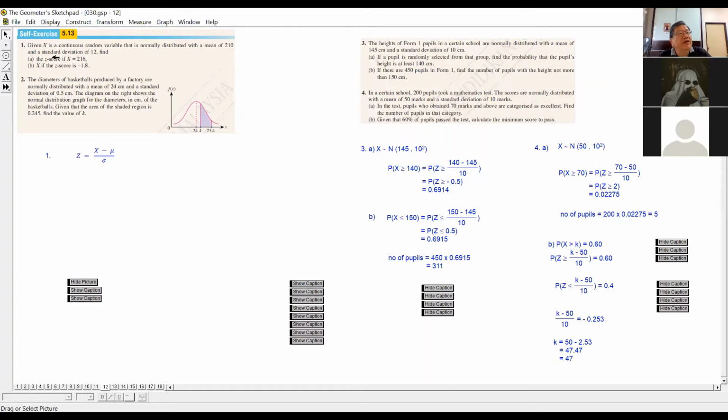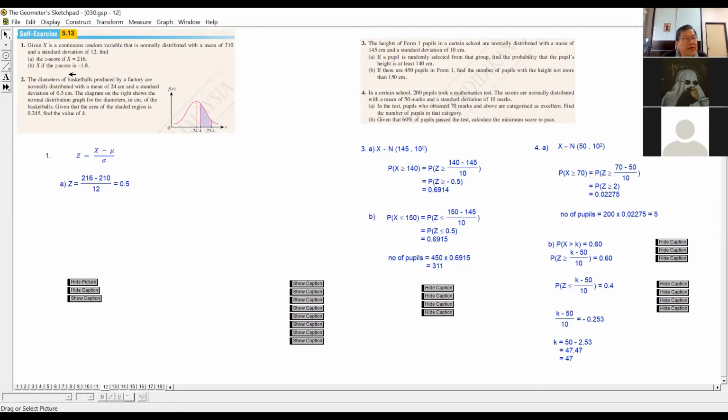Okay, so the first part, find the z-score if x is 216. They tell you this x here is 216, so you substitute everything inside the formula. z equals 216 minus 210 divided by 12. The z-score is 0.5.